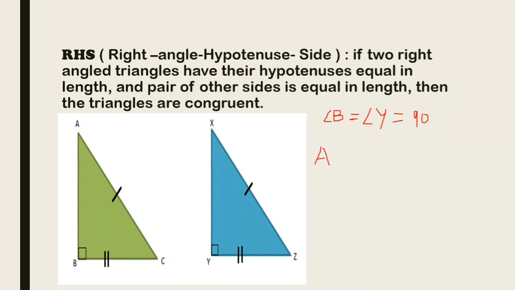If AC is equal to the hypotenuse opposite to Y, which is XZ, and the other given side, one leg of the triangle, BC is equal to YZ, then we say that triangle ABC is congruent to triangle XYZ.